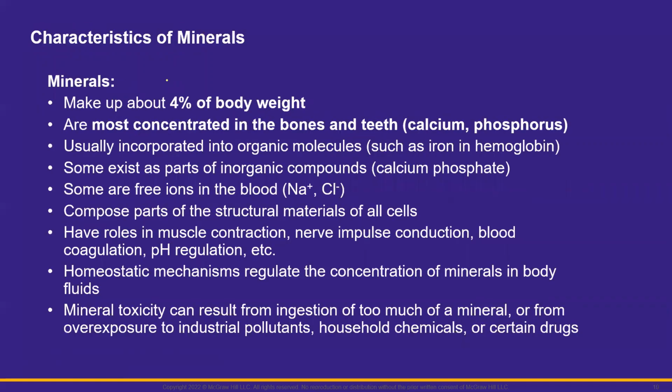Now, the characteristics of minerals: they make up about 4% of body weight and are most concentrated in the bones and teeth, like calcium and phosphorus. Usually incorporated into organic molecules, such as iron in hemoglobin, and iron is the one that carries oxygen. Some exist as part of inorganic compounds like calcium phosphate. Some are free ions in the blood like sodium ions, chloride ions, and potassium ions.